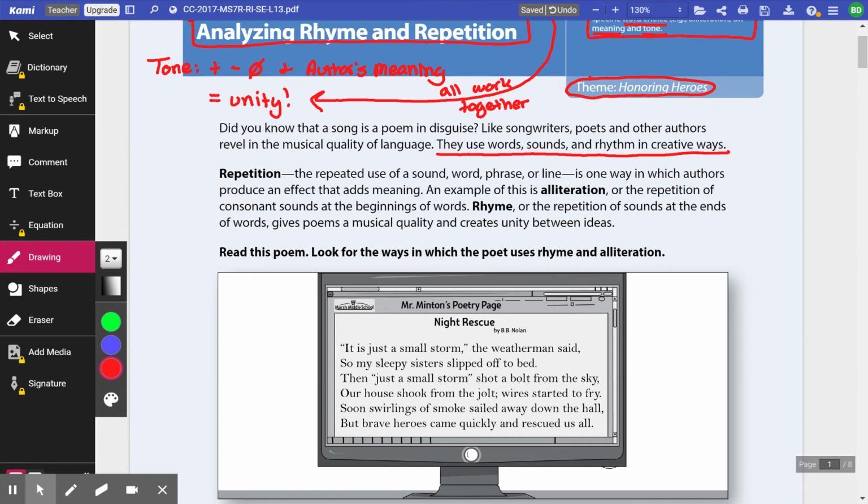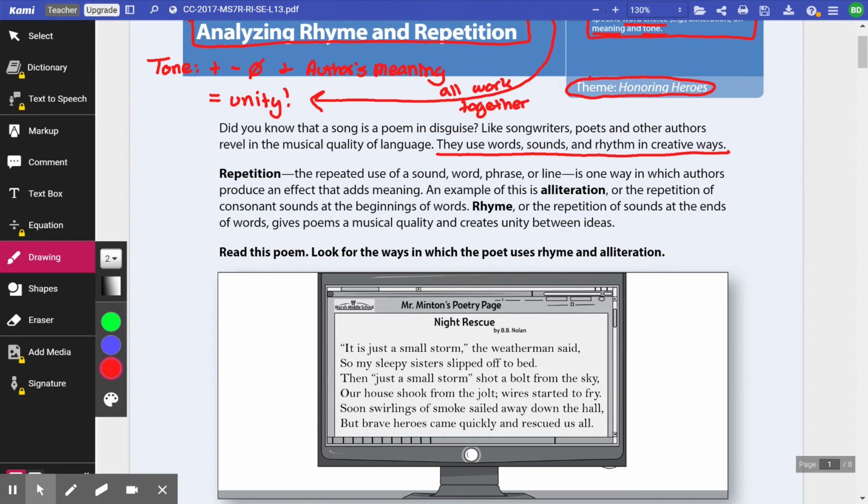A song is just like a poem, it's just kind of set to music. And the poets and the people who write the songs, they all do so to be as creative as possible and to express their ideas in unique ways. So they're going to have specific word choice, they're going to use different sounds, and they're going to use rhythm in creative ways to express tone and meaning.